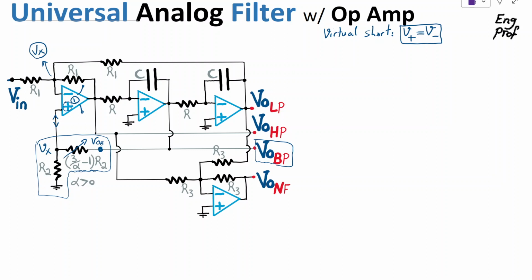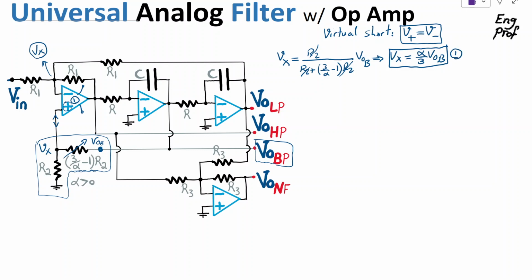I can write, therefore, Vx is equal to R2 divided by R2 plus (3 over alpha minus 1) times R2, times Vout B. Okay, so these R2s cancel out, and you can see that Vx is equal to alpha over 3 times Vout B. That's a very simple and nice relationship between Vx and Vout B. Let's refer to it as equation 1.